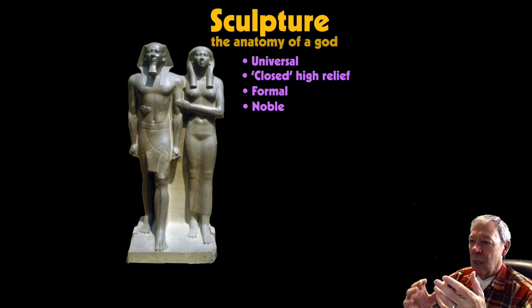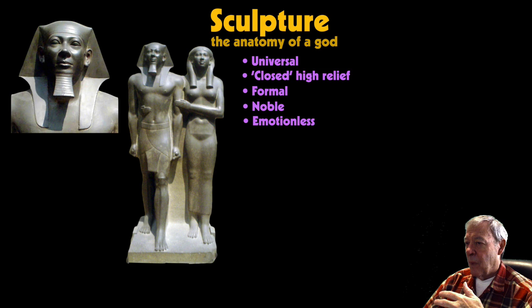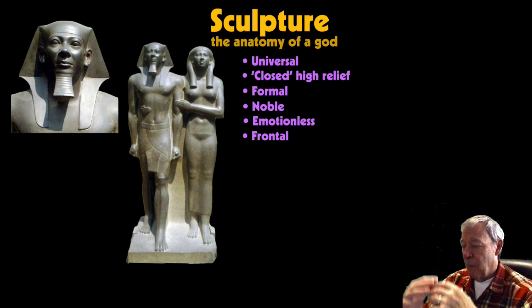Also, you notice in every case, except for very brief periods of time that we'll talk about in later lectures, these faces are always emotionless. No attempt here at trying to capture the happiness or sadness of the human being. They're very frontal as well, always facing toward us, never turning or twisting or bending.